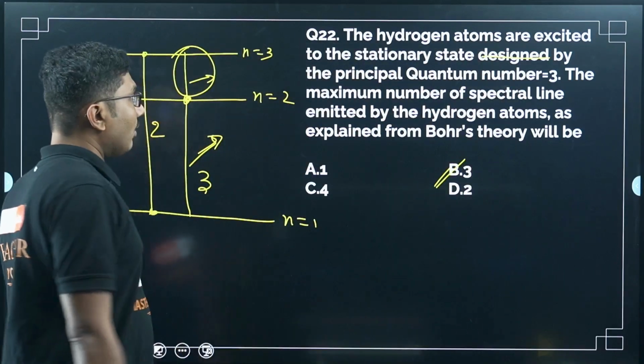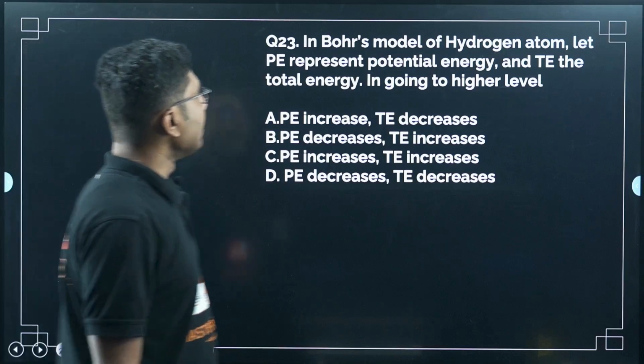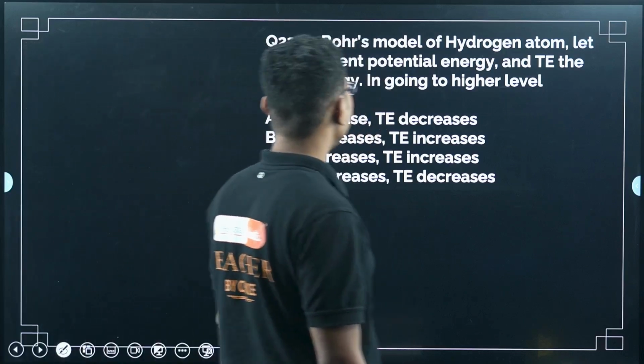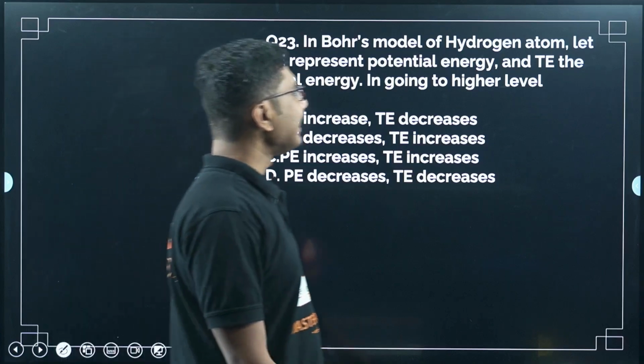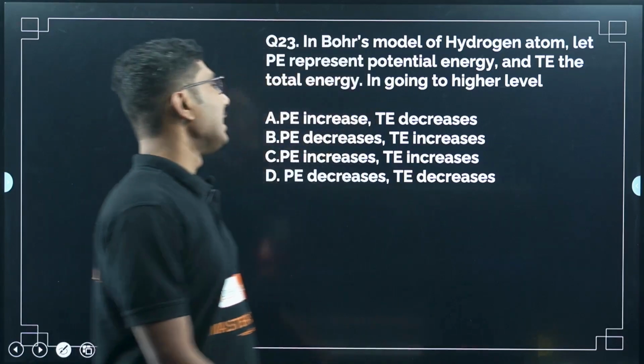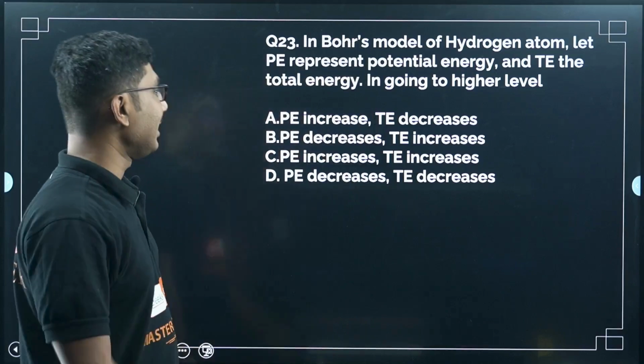Now the next question. In Bohr's model of hydrogen atom, let Pe represent the potential energy and Te the total energy. In going to a higher level, what will happen?